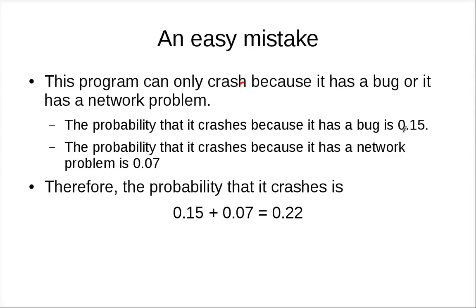So you just add this up, because this is the only way a program could crash. So you take the union, and so you have the probability of the union becoming the sum. But this is not always true, because it might be the case that the program crashed because it has a bug, and at the same time it has a network problem. So this might not be true. Okay, so it's a mistake that I made, and many people have made before.